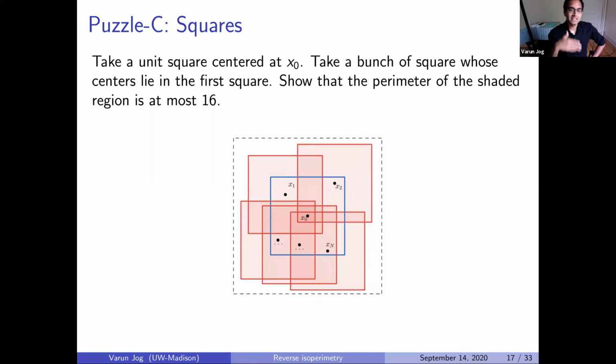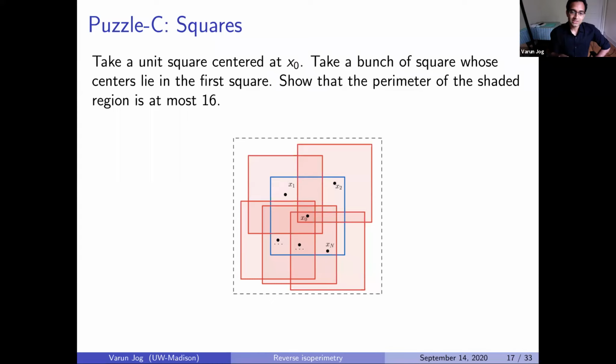Puzzle C is the same puzzle, but now you replace unit balls by unit cubes. Not exactly unit cubes; these are cubes with unit radius in the L infinity distance, which means they have side 2. And you do the same procedure. You start with one cube or a square centered at x0. You take a bunch of points inside the original unit square and put squares on top of that.